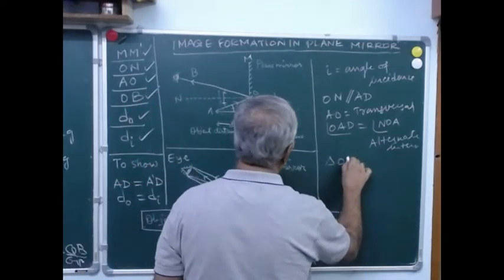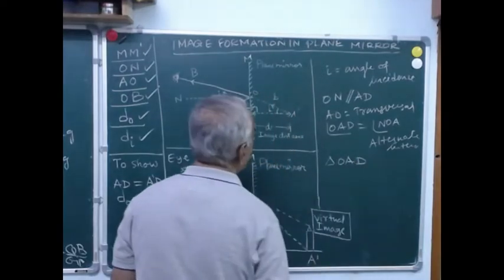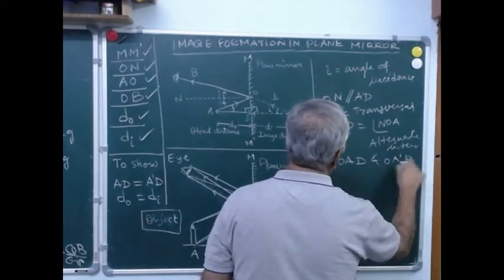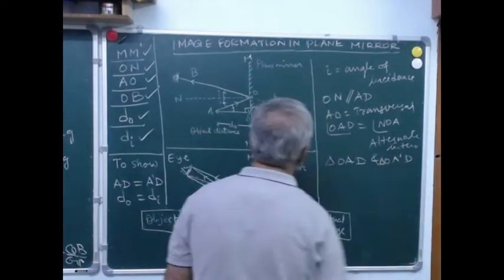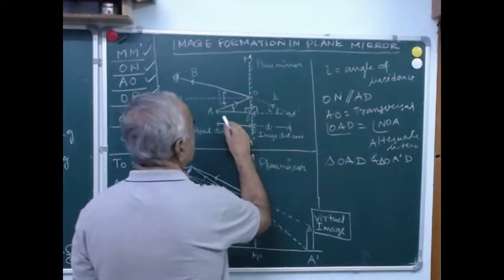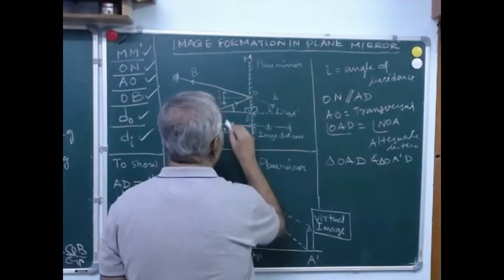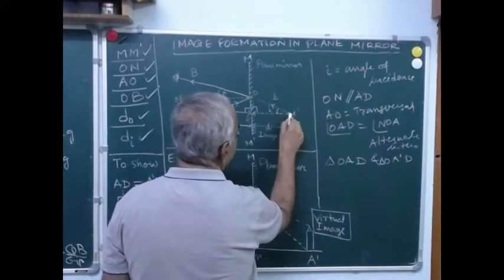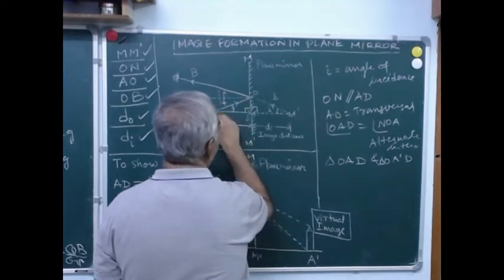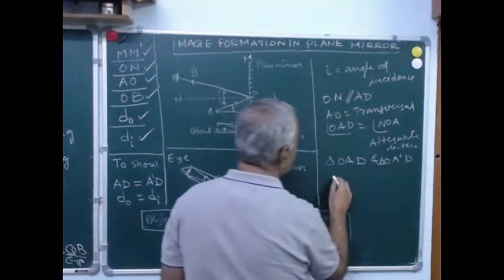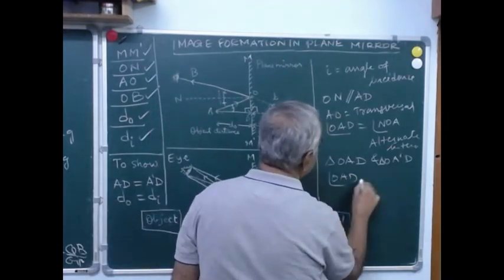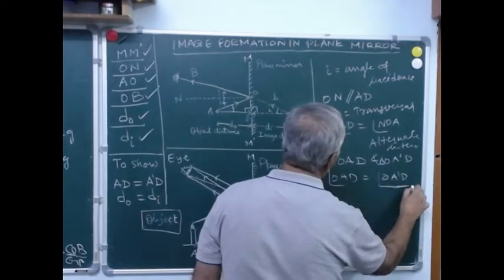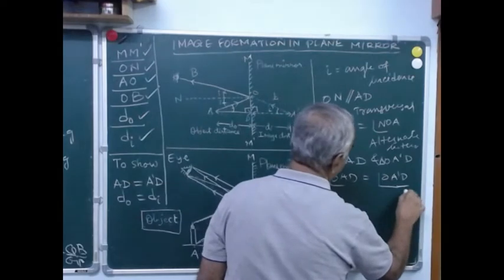Triangle OAD and triangle OA dash D. Now the side is common, and the angle OA dash D is also I. Therefore angle OAD is equal to angle OA dash D. So angles are same.